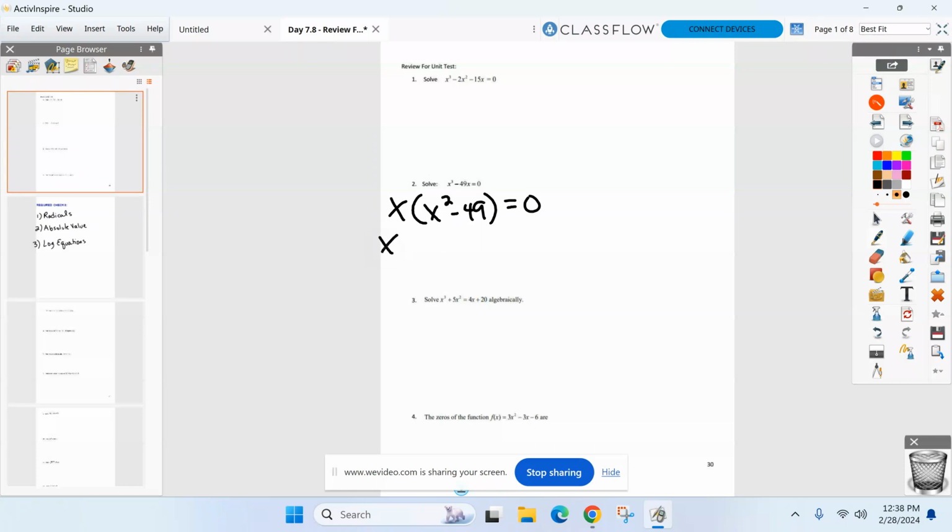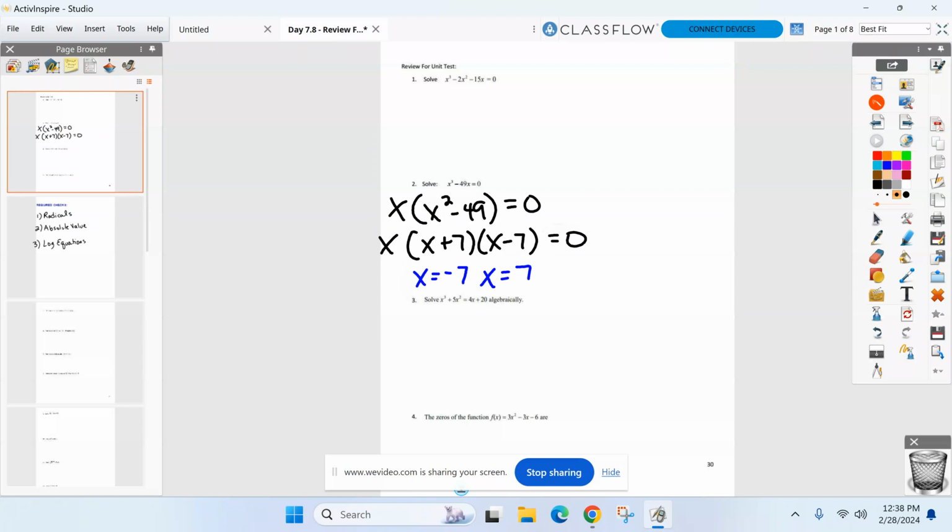I got x, and then what's the deal in the parentheses? X minus 7, x plus 7. There you go. Now I start to see where my 3 answers are going to be. I definitely see 2 of them: x equals positive 7, x equals negative 7. Harper, where does the other one come from? Set your GCF equal to 0, if it's a variable.